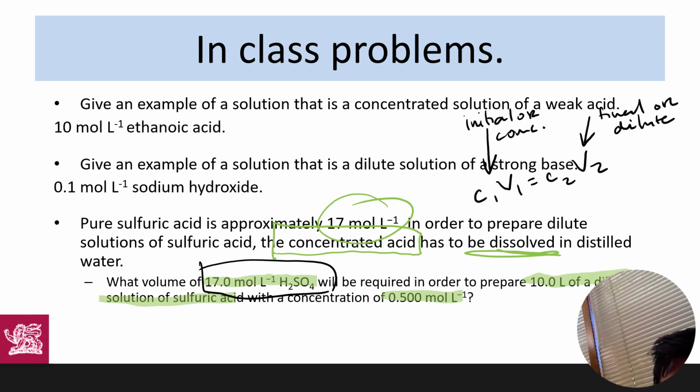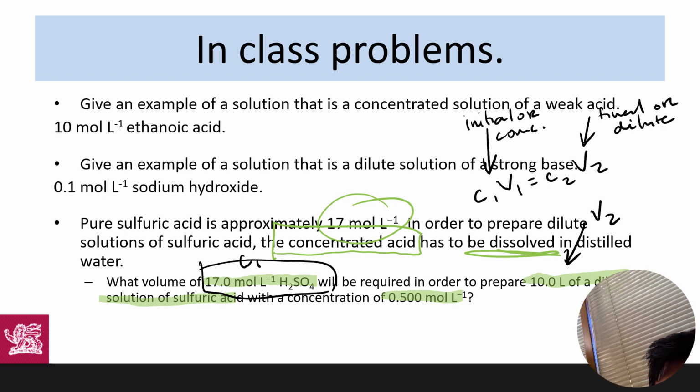So we're going to label that C1. That's the concentration for the initial. We've got a final volume we want to make of the dilute acid, so that final being V2. And we want that final concentration to be 0.5, so we call that C2.